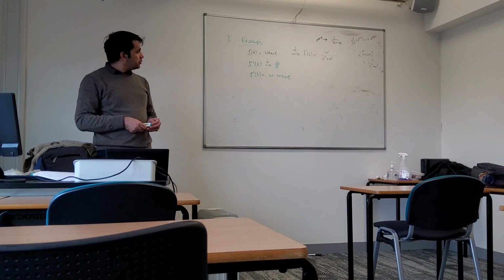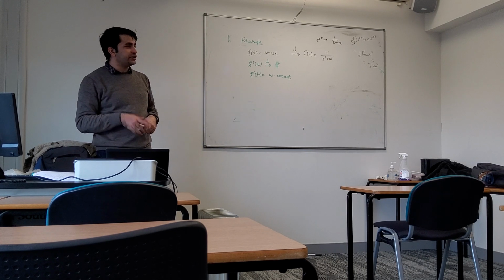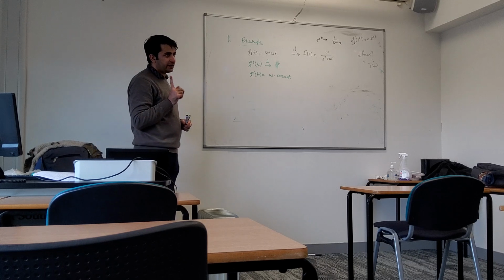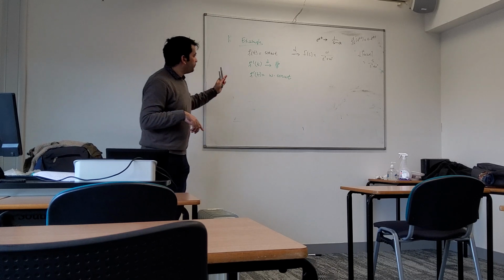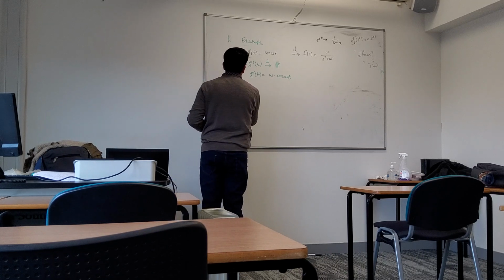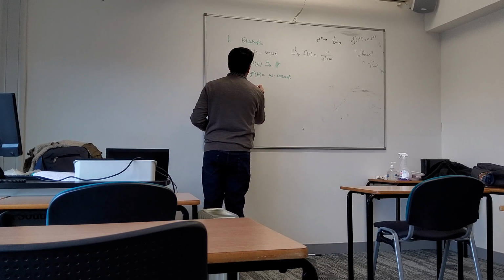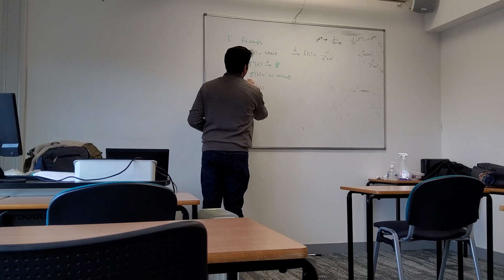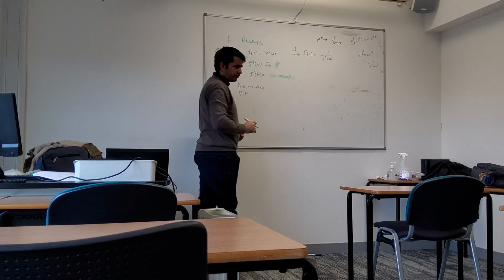So we can check this now in two ways. One way is by formula, the direct way we learned. We know that if f of t has transform f of s, then for f prime of t, we don't know the function at the moment.